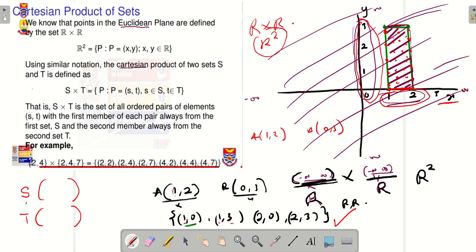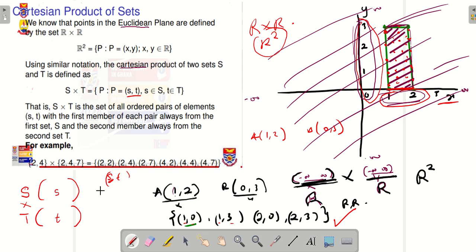When I find the Cartesian product of S and T, I get an ordered pair (s, t), where small s is coming from the set S, and small t is coming from the set T.